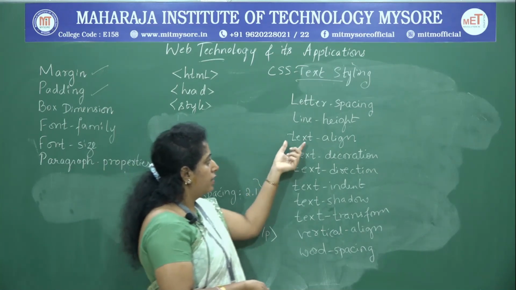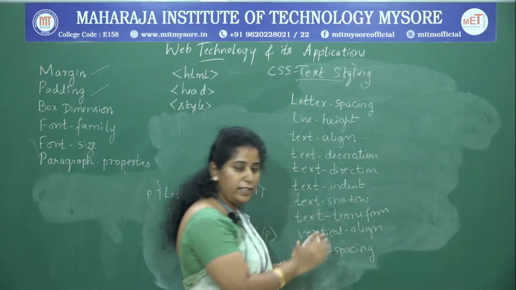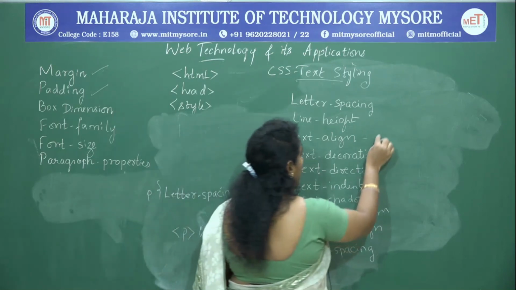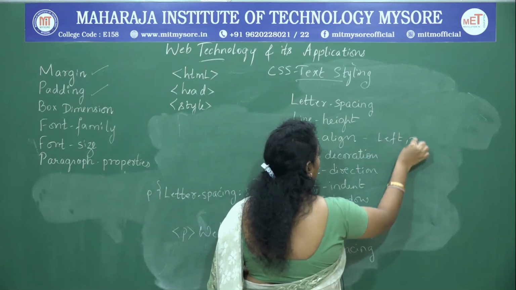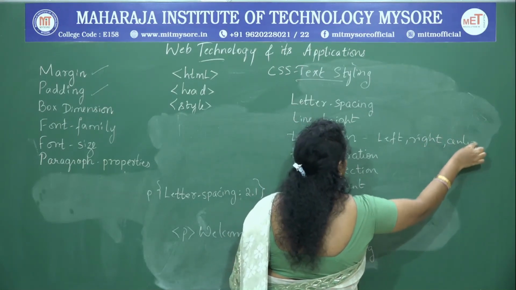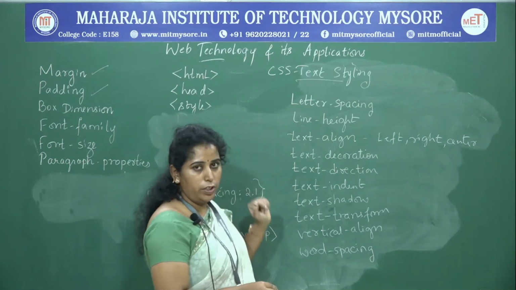Next is text align. In order to align the text you can use this property whose value can be left, right and also center.